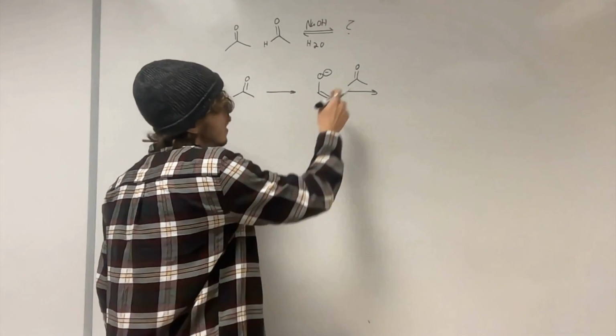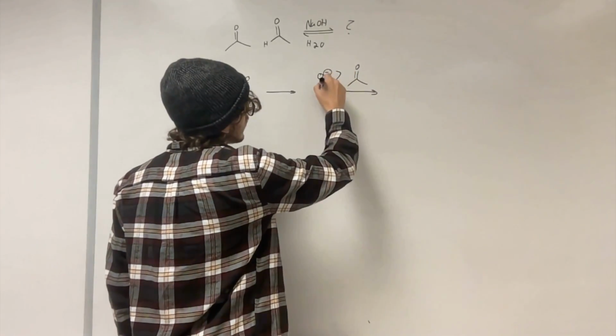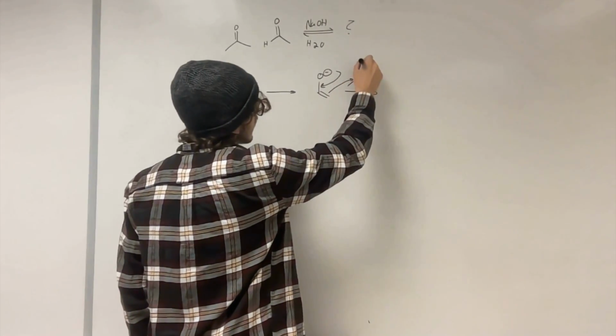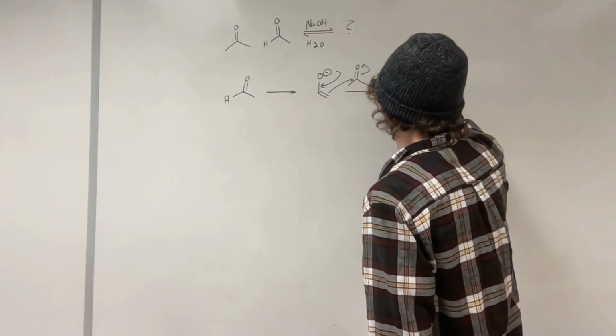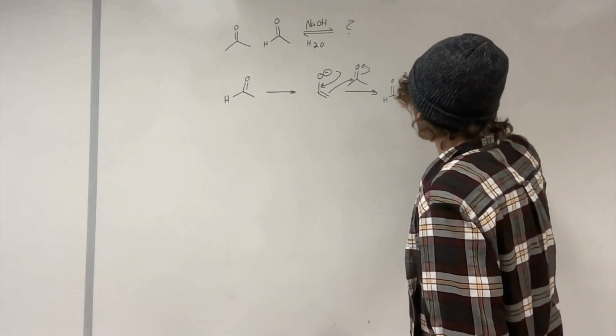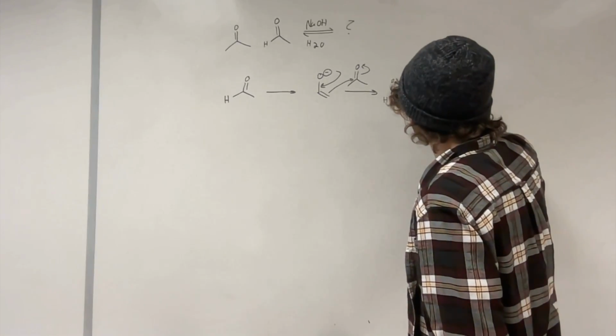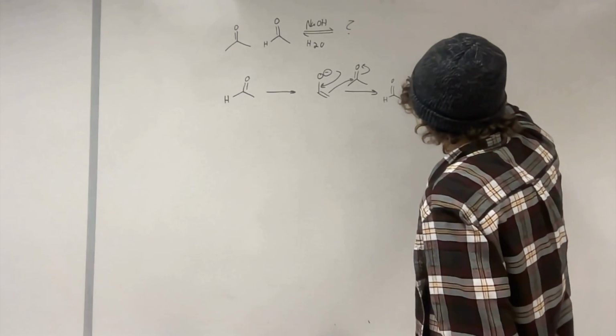Now the acetone is the electrophile. And just to prove a point, I'm going to try and be really, really thorough about this. Then we get protonation, which I won't even draw.